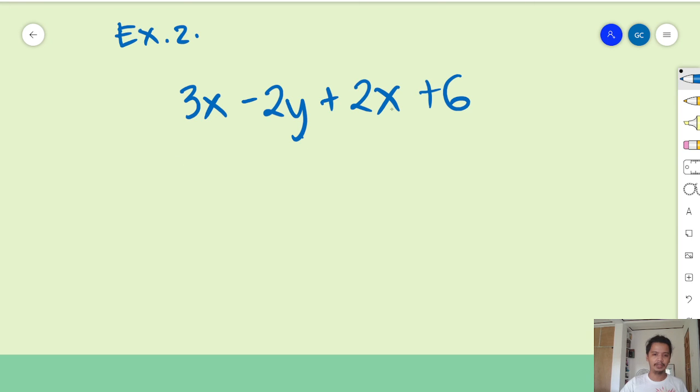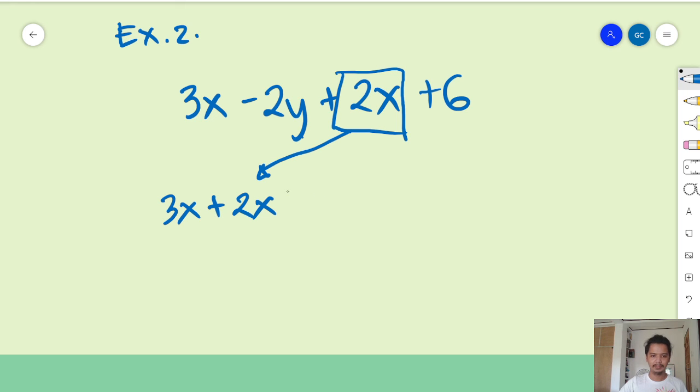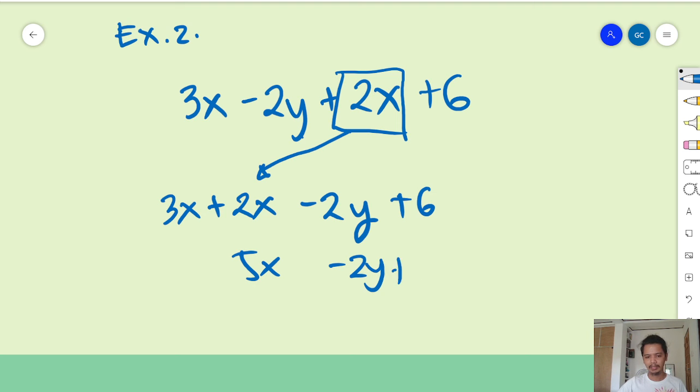So, we will have here, yung 2x natin ay i-add lang natin dun sa ating 3x. Okay? Tapos, i-write lang natin yung negative 2y, saka yung 6. So, we'll have there 5x minus 2y plus 6.